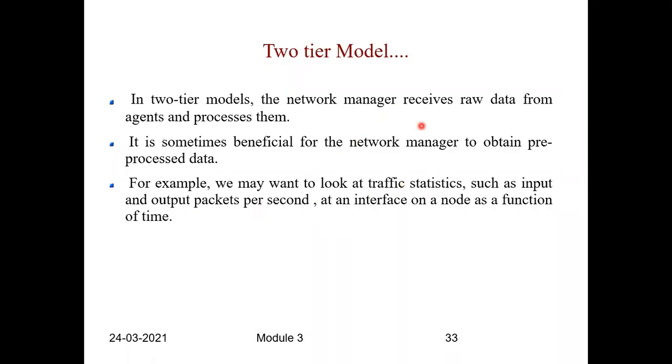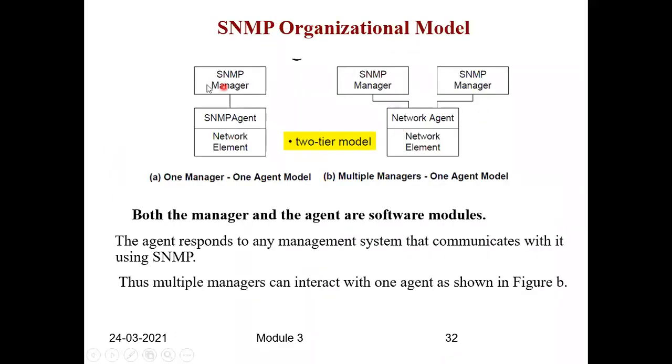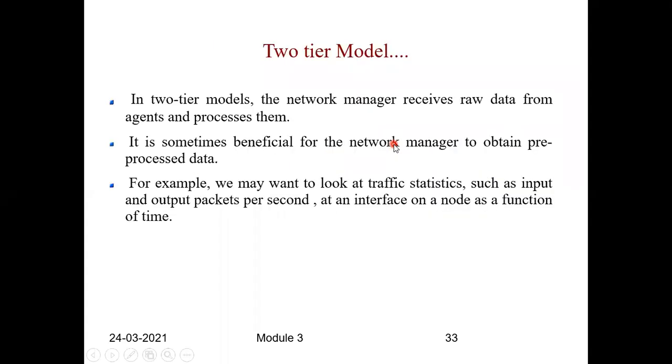So it's beneficial to have pre-processed data. Now, how will I do that? Here there does not seem to be any scope for that. I have an agent who has the raw data and then the manager who takes that raw data. So the burden on the manager increases. So the two-tier model has this particular disadvantage.